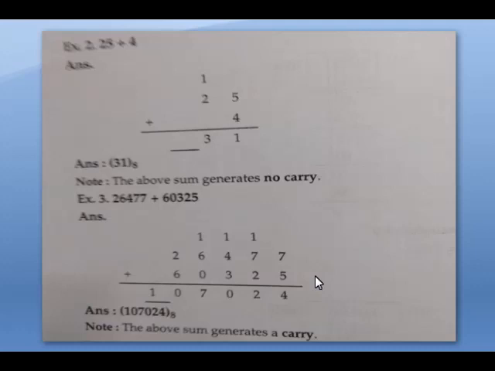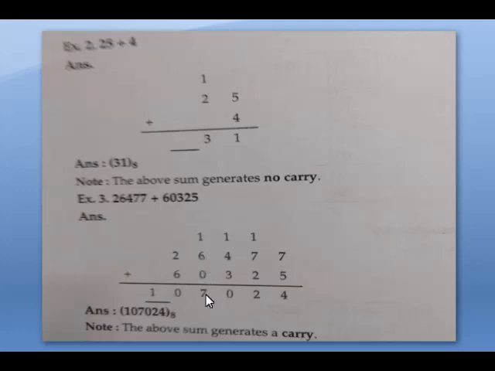So here 4 is written and the carry is 1. 1 plus 7 is 10, then 11, 12. 2 is here, carry 1 here. 4 plus 1 is 5. 5 plus 3 is 8. But this is an octal addition, so after 7, 8 means 10, and the carry 1 is here.